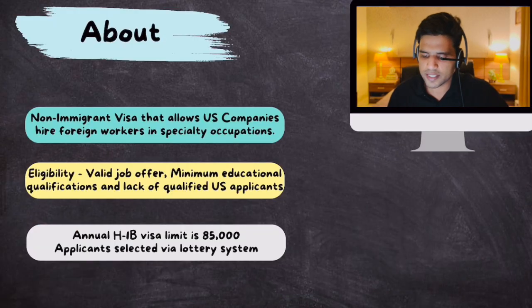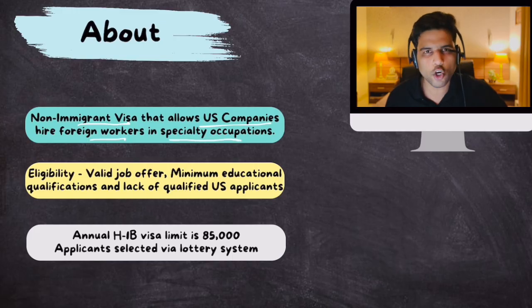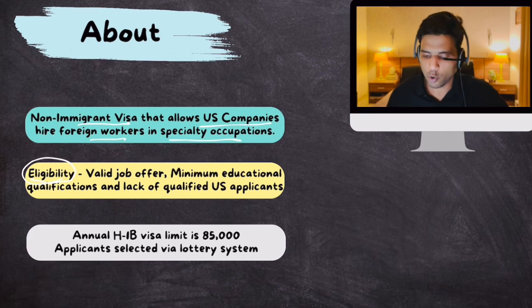These are non-immigrant visas that allow US companies to hire foreign workers in specialty occupations. The eligibility criteria for getting this visa: for example, I'm an Indian who wants to work in the US through this visa. So first of all, I need to produce a valid job offer from an American company.